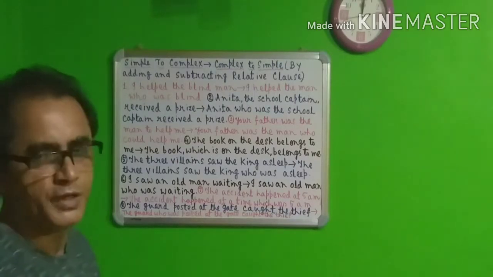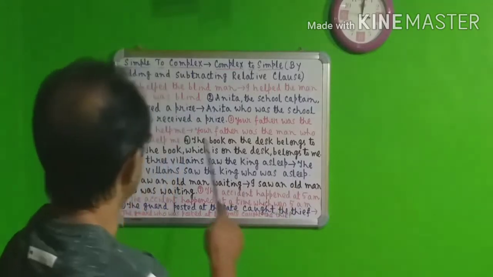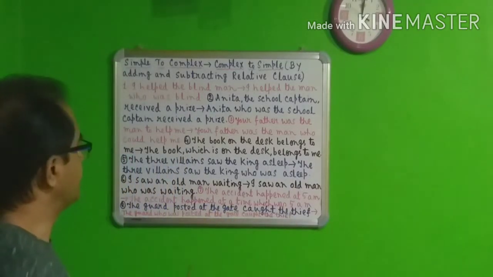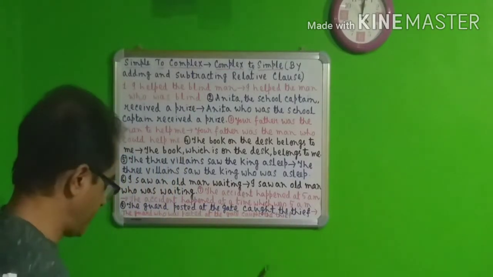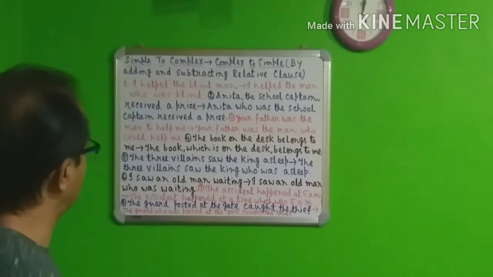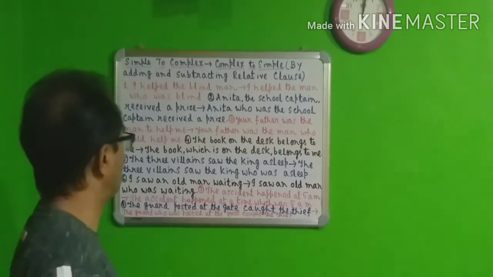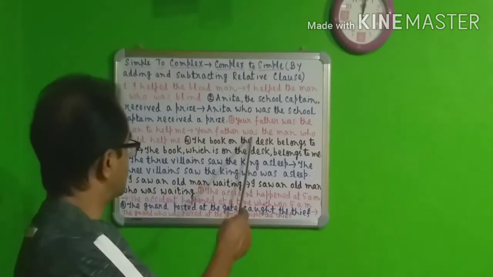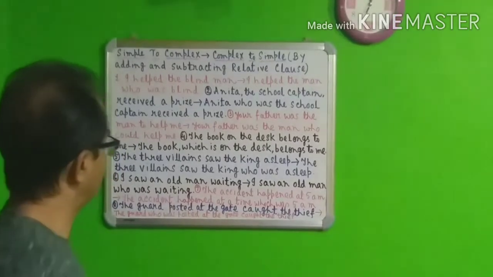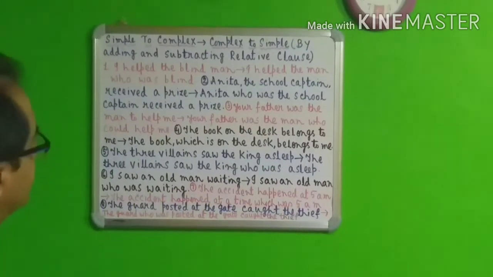This is an infinitive. As I told you, to plus verb 1 is an infinitive. Your father was the man to help me. It is a simple sentence. Now how can we expand it into complex? In this way: your father was the man who could help me. Because was is the past tense, we have used the form could. If it is present, then it will be can.